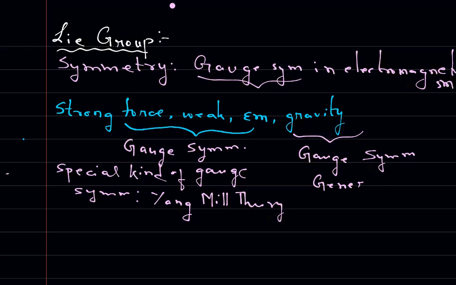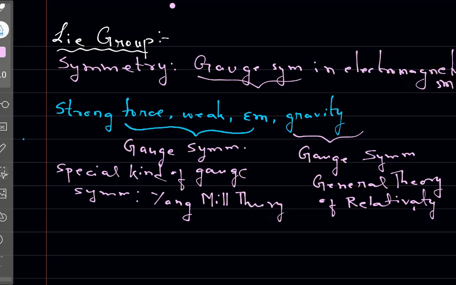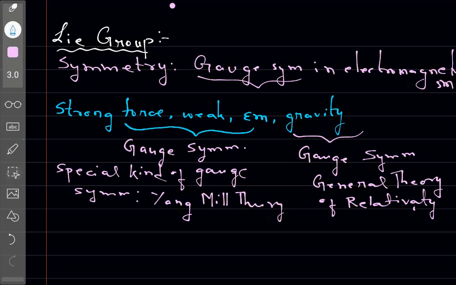It has nothing to do with Yang-Mills theory that describes strong, weak, and electromagnetic force. So we know that general theory of relativity is more geometrical in nature. Relativity.